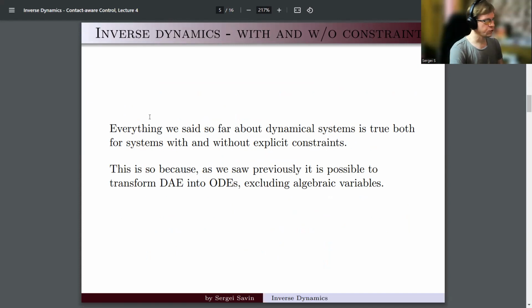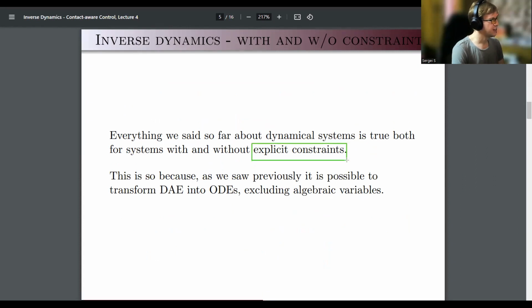All of this is true for systems with and without explicit constraints. What I was talking about is true for normal systems and for systems with constraints. Why? Because for systems with explicit constraints the problem is exactly the same, since constraints themselves, as I showed you in the last two lectures, can be expressed as functions of the state and control input.